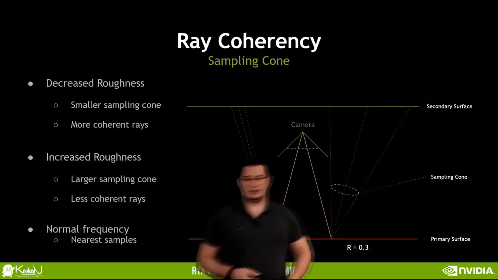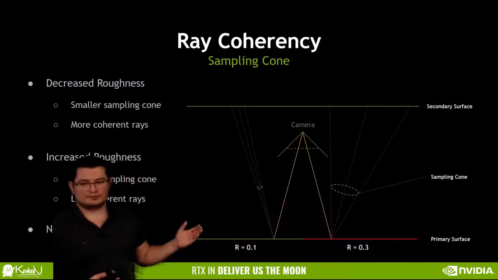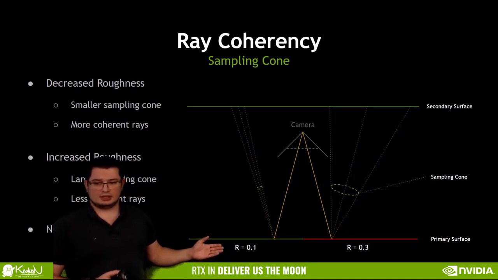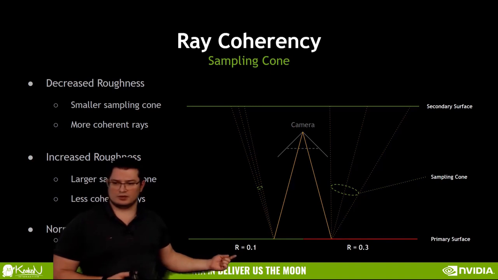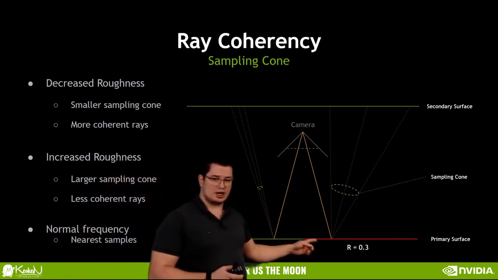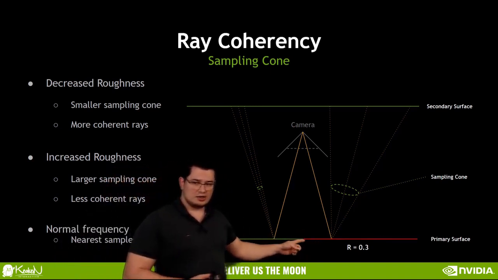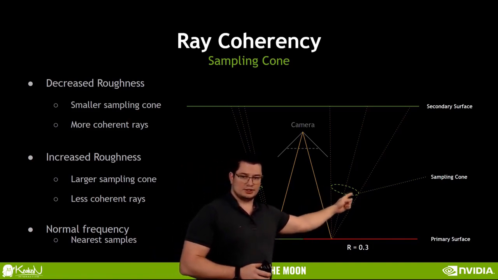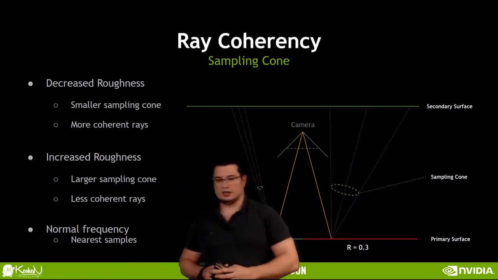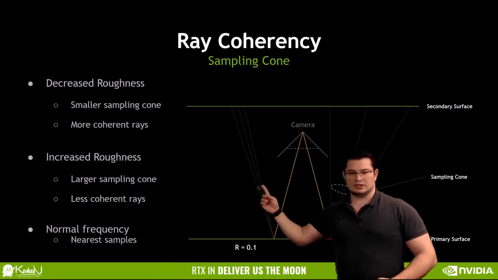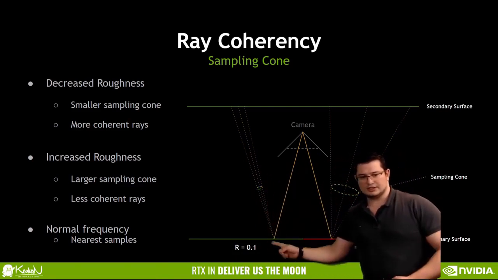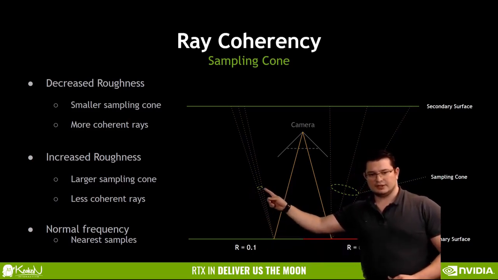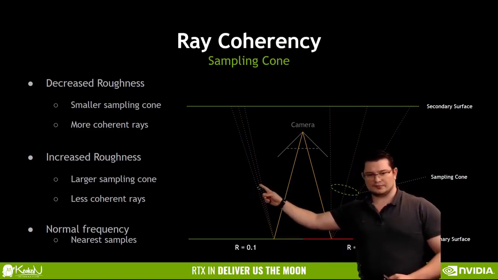So in this image, on the left is a surface which has a low roughness, and here is a surface with a higher roughness. A higher roughness results in a larger sampling cone, and a lower roughness results in a smaller sampling cone. Each time the ray is reflected, it is randomized within that cone where it should reflect.